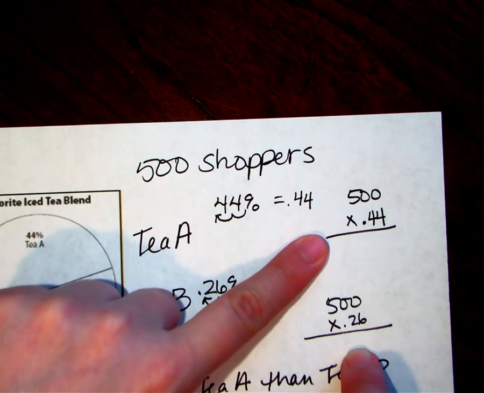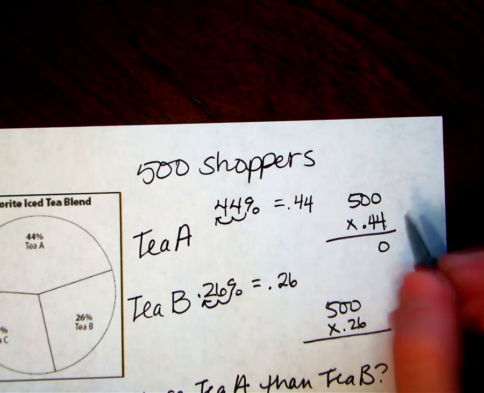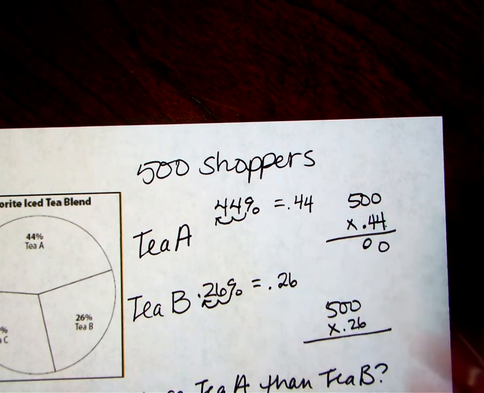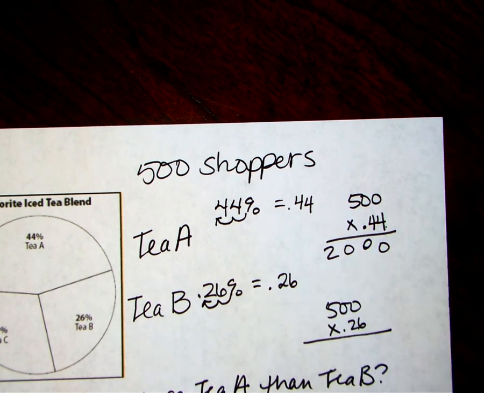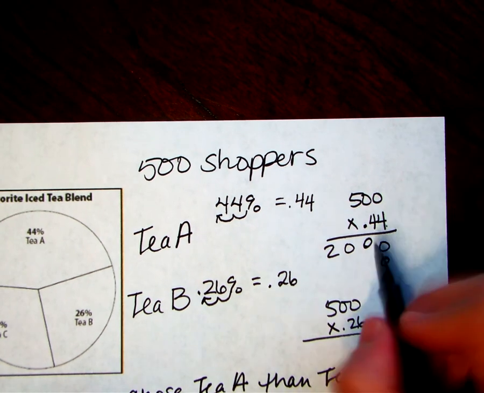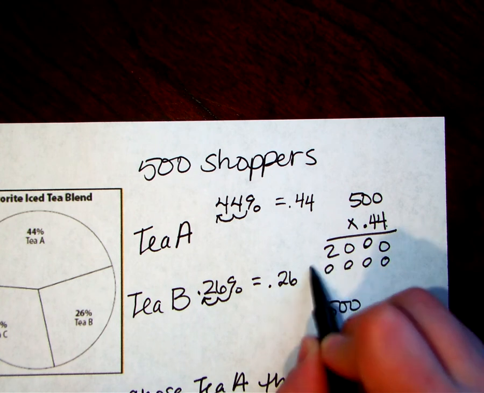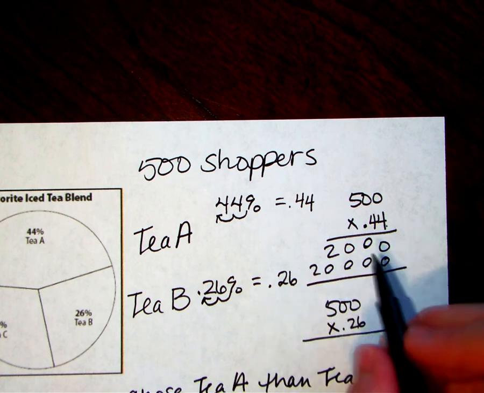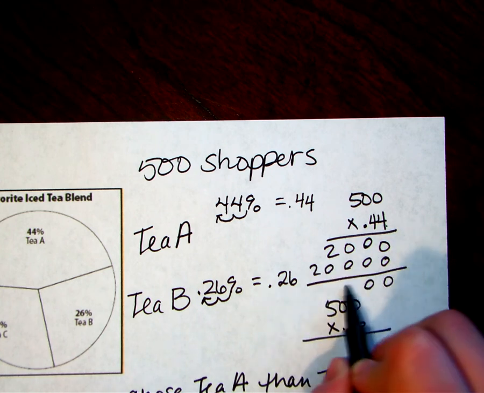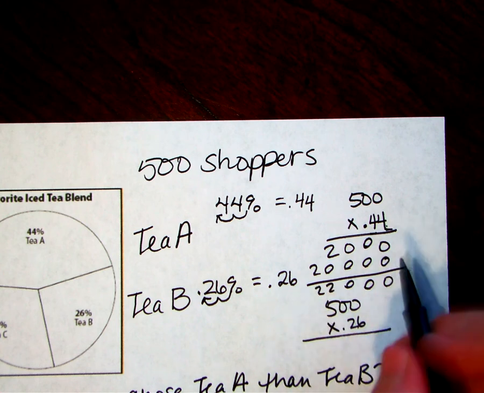Okay, so we're going to do the math for it real quick. So 4 times 0 is 0, 0, and then 4 times 5 is 20. So I already multiplied that first number, and then you do it again. So you're going to have the same exact number there. So I'm just going to repeat it. And then you add 0, 0, 0, 2, 2, and there are 2 numbers behind your decimal.